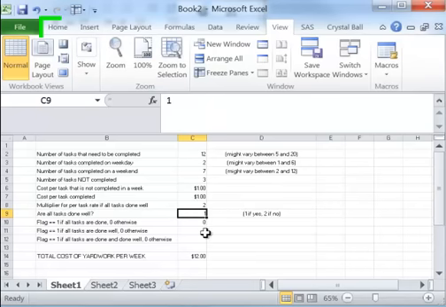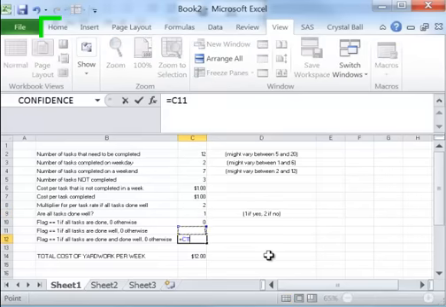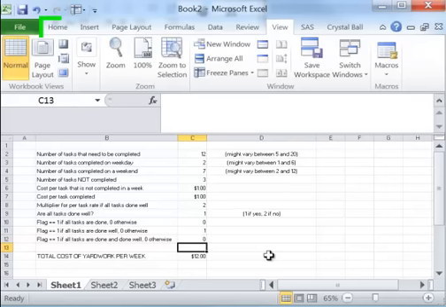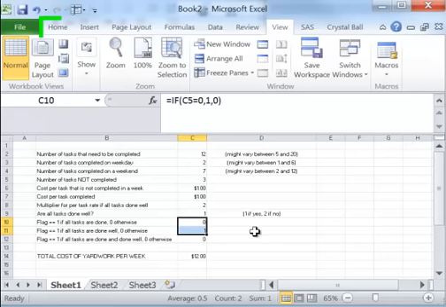If I process that information and get these two flags, then I can multiply these together, equals this times this. If I multiply these together, it's only going to equal 1 for the flag that I want to be equal to 1 if all tasks are done in the week and they're done well. This is only going to be 1 if both of these other two flags are equal to 1.